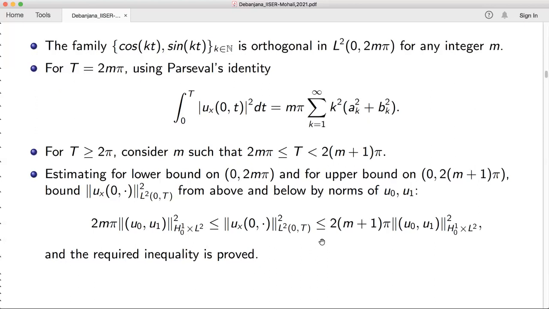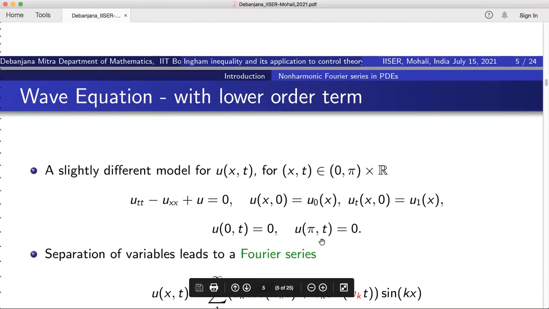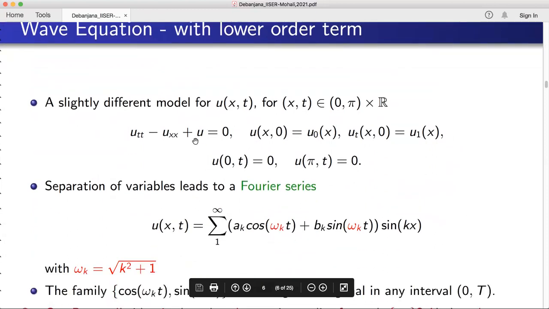Now suppose I make things a little complicated, not too much, just a little. So I add one lower order term here. It is now the wave equation with a lower order term, plus u is coming here, and then you have the initial condition and Dirichlet boundary condition as earlier.